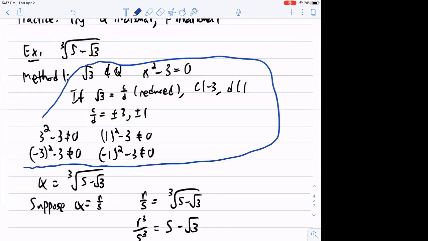That was the whole point of the first part: to show root 3 was not in Q. So the reason method 1 is better is that we're still using the rational zero theorem, but we're using it on root 3 instead of the whole number.